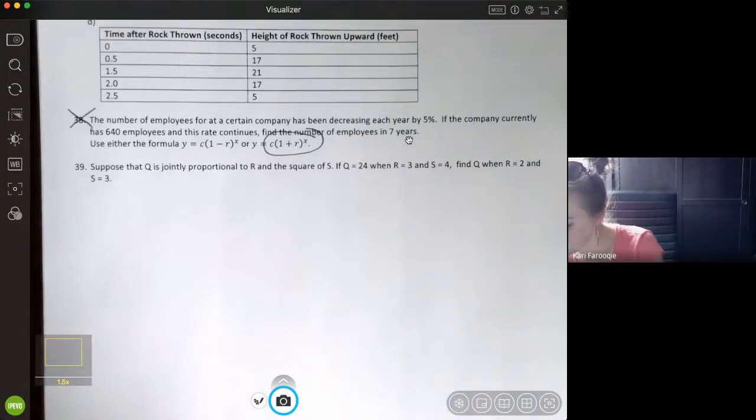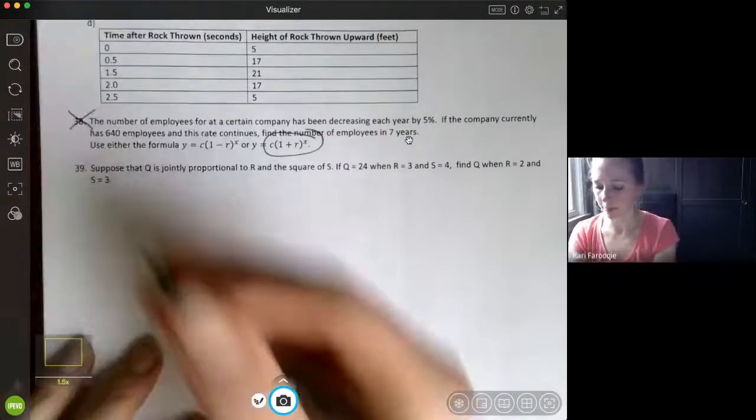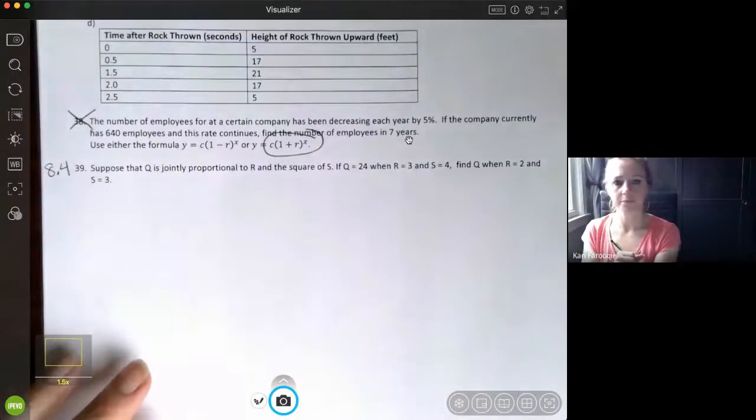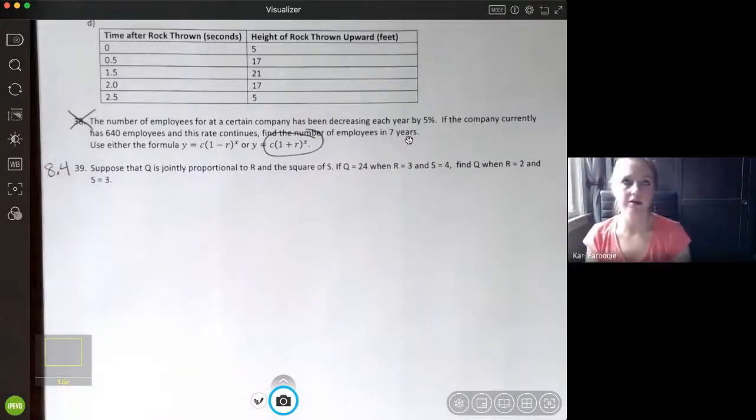Suppose that Q is jointly proportional to R and the square of S. Yeah, we can do 39, from 8.4. Now remember that we had different definitions for what it meant to be proportional.